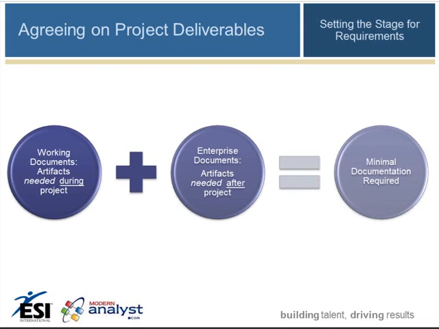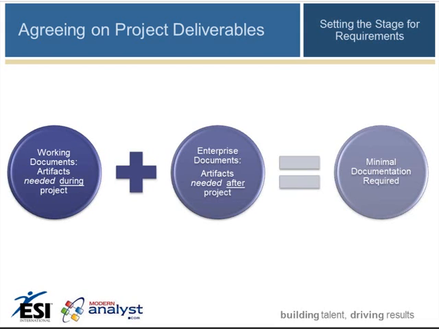That first of all, you will have a set of documents that are considered working documents needed during the actual execution of the project. So these are the must-haves, the ones needed to guide you. And we'll look at this in a little bit more detail too in a coming slide. Secondly, there are going to be enterprise-level documents which represent artifacts needed after a software build, after the project's completion.